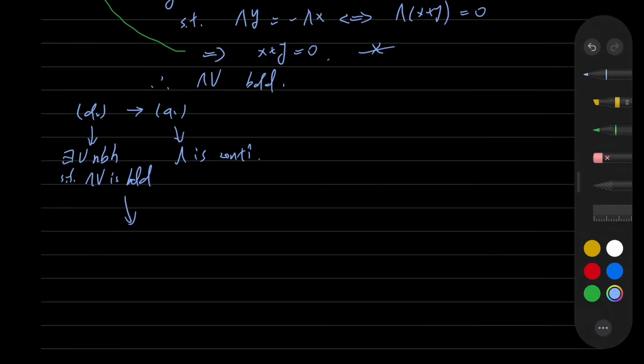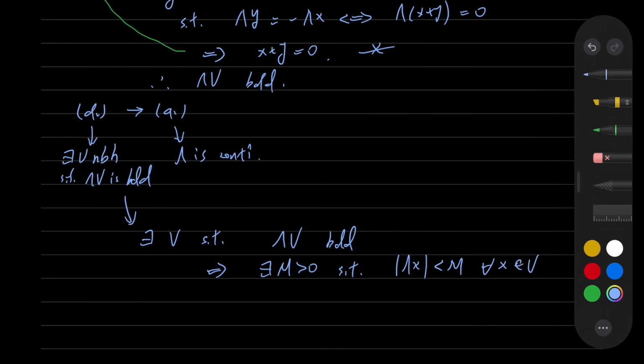So from this condition, we know that there exists a neighborhood, let's call it V, such that it is bounded, which in the sense of the scalar field means there exists a scalar M such that the absolute value of lambda x is smaller than M for every x in the neighborhood.